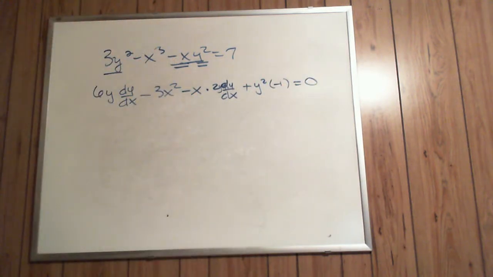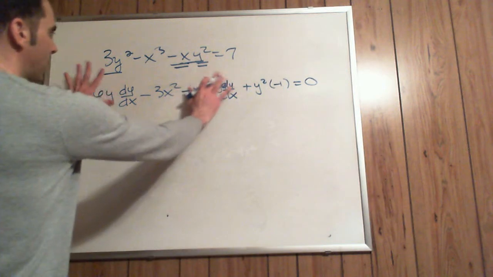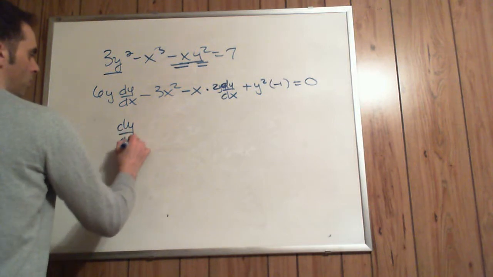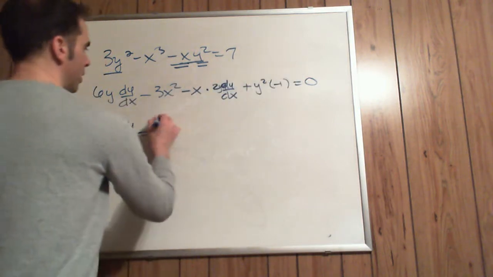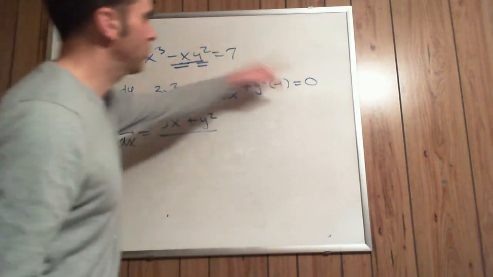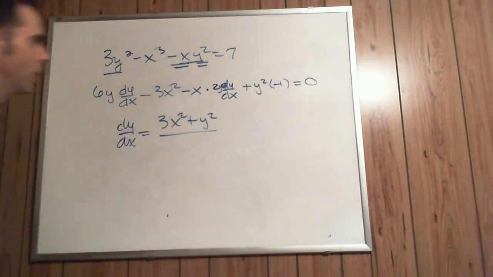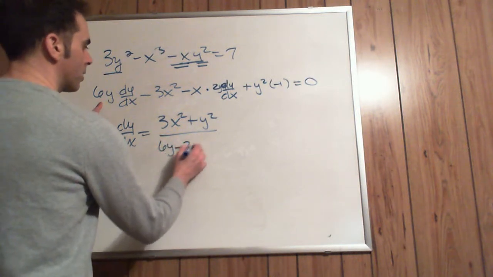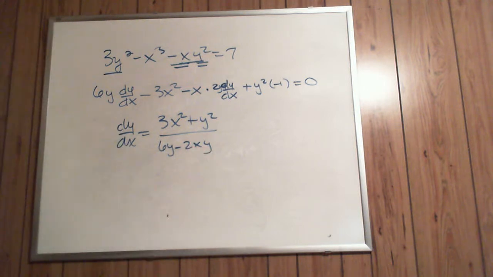So then, everything with dy/dx is already over here. So then I'll have my dy/dx, take this over and make it 3x squared plus the y squared. When that comes over, they become the opposite signs. And then I'll factor out the dy/dx, and there it is. Okay? Remember, you're often going to be asked questions about where there's a vertical tangent.